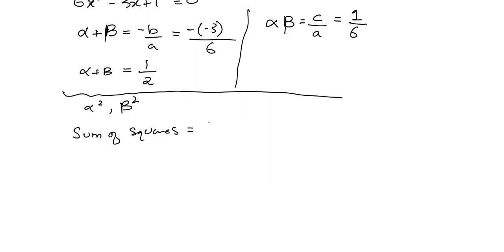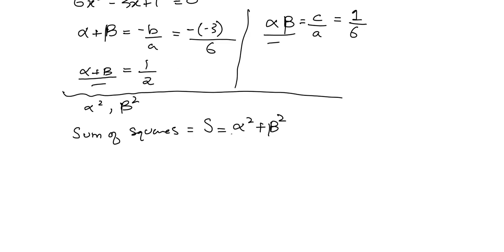let's say it is s, and it will be equal to alpha squared plus beta squared. And what we have to do from here is write this alpha squared plus beta squared in terms of these two values, because we know these two values. We don't know what alpha squared or beta squared is, but we know these two, so we have to convert it.